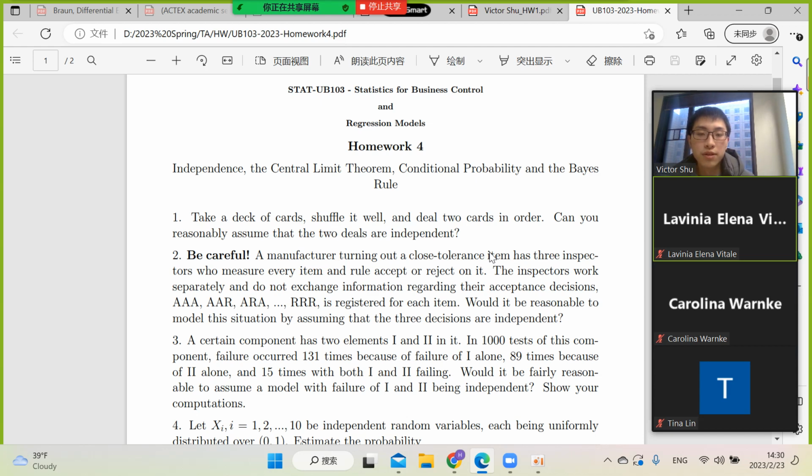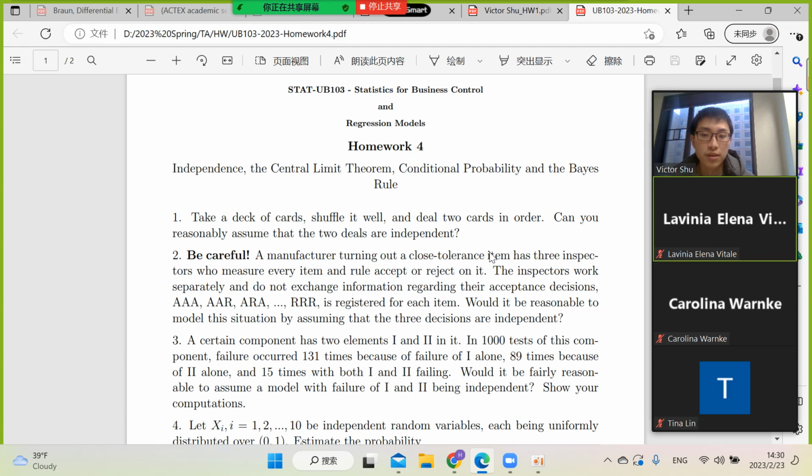Basically, if the two deals are independent, then the result of the second deal is independent from the result of the first deal. No matter what my outcome of the first deal is, my outcome of the second deal doesn't change.